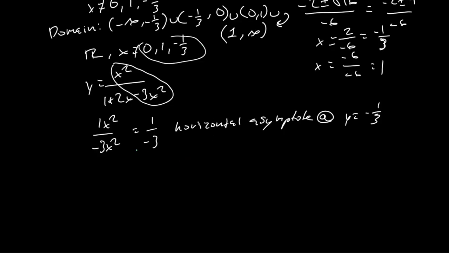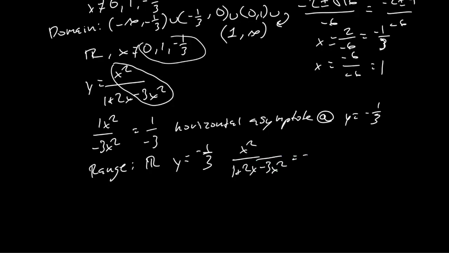So the range is all real numbers except possibly y equals negative 1/3, but we have to check that. Set x squared over 1 plus 2x minus 3x squared equal to negative 1/3, and we get 3x squared equals negative 1 minus 2x plus 3x squared.